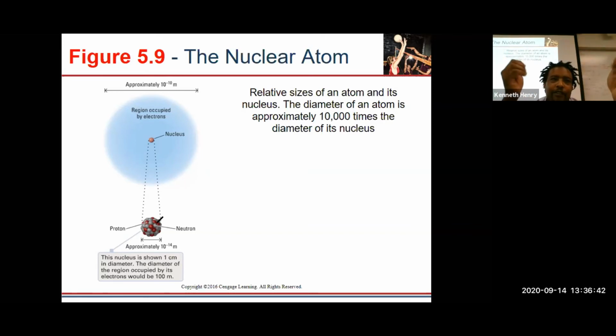And a dollar in the US is going to be different than what it's worth in the UK. So it's all relative, and we need a reference. Carbon-12, meaning the isotope of carbon that weighs 12, is what our whole periodic table is based upon. So just so you know, you may get a question on that on the exam.